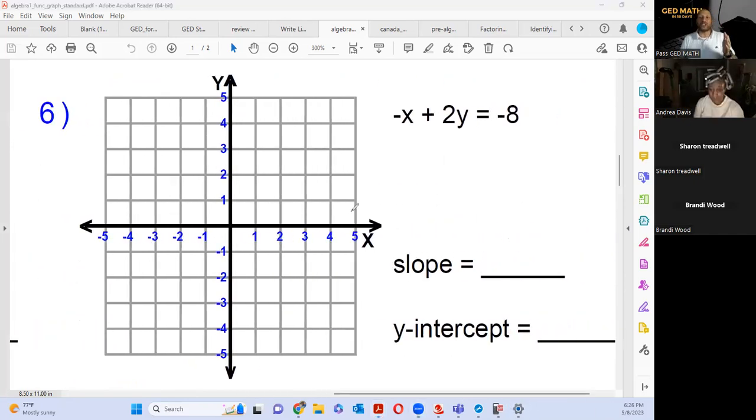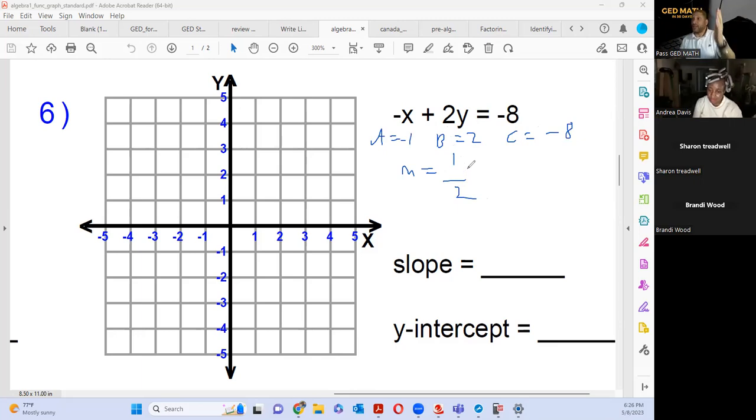If I need to find the slope, I'm thinking opposite of A over B. Opposite of A is +1, B is 2. I'm done. Slope is a half. I don't have to write A is -1, B is 2, C is -8.